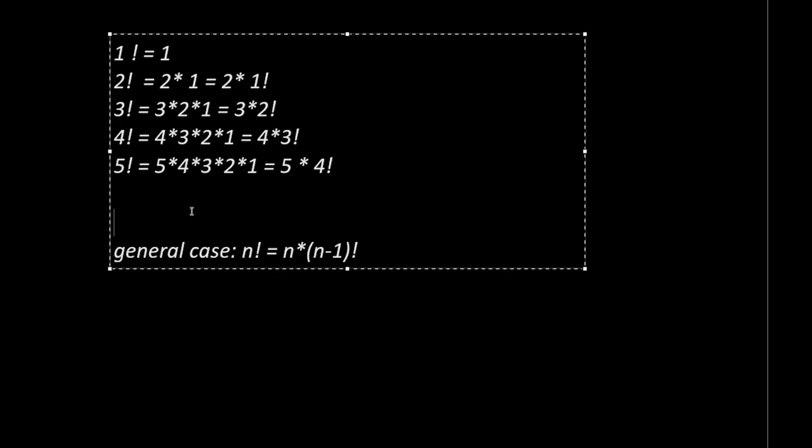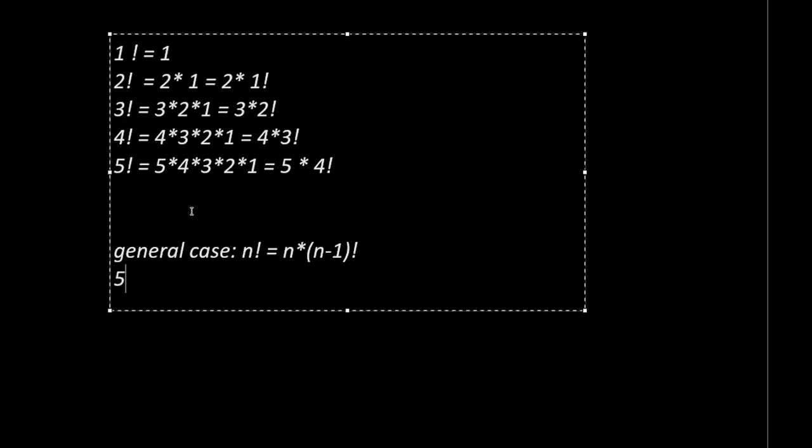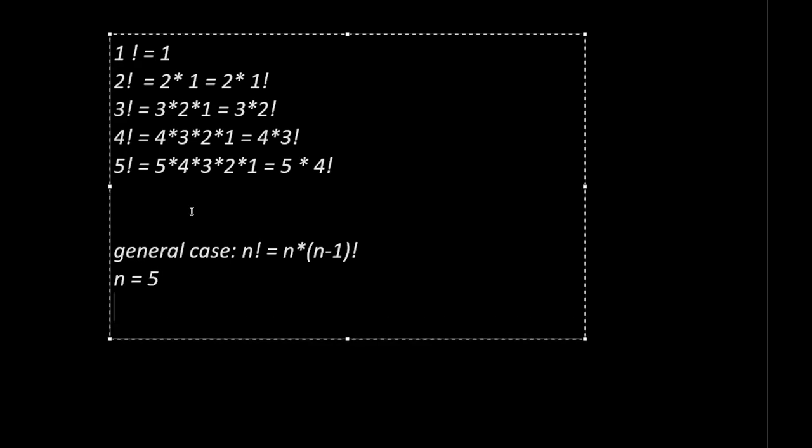Let me say I give n value as 5, and let us analyze with the general statement. n is 5, so 5 into 4 factorial, since n minus 1 is 4.